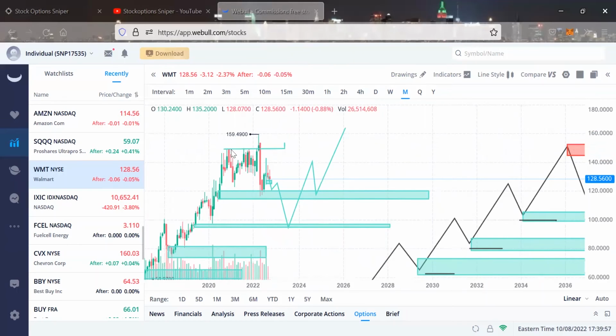Why? Because this right here is so-called, quote unquote, resistance. Once we broke resistance, what happened? It got rejected. So many sell orders came along, they just liquidated everybody here and brought the price all the way down, right?